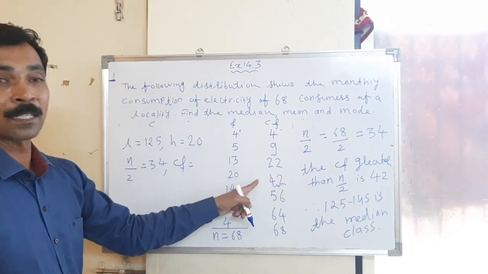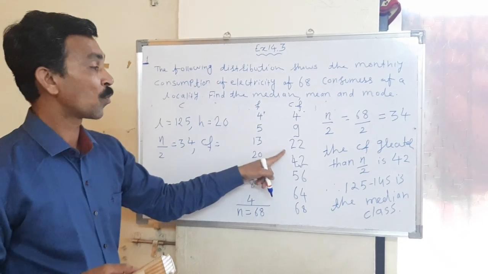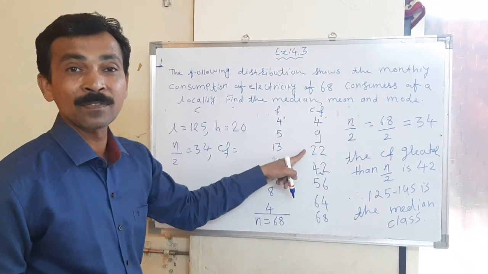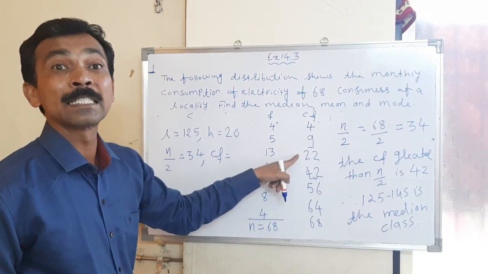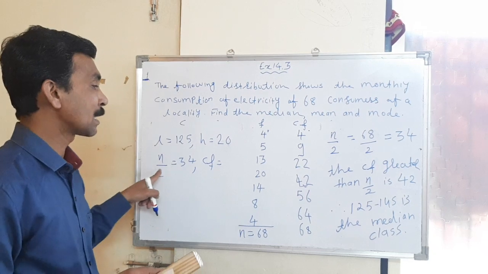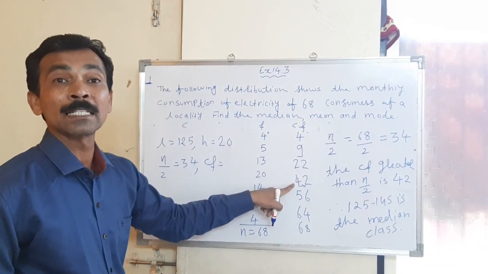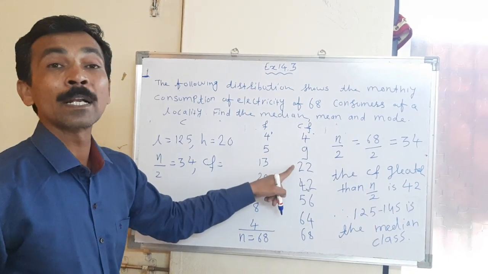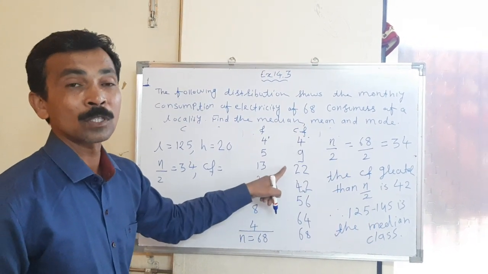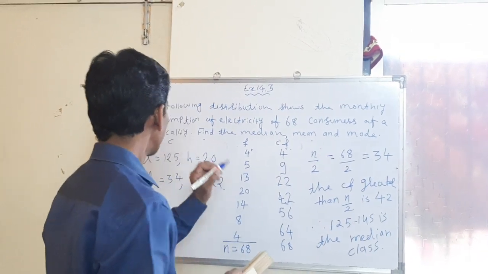And then you have to take the number above 42. This is the way to find CF. You have to take the median class and move straight in CF's column, and you don't have to take 42 as the CF. You have to take one number above 42. So that number is CF. So here CF is 22.